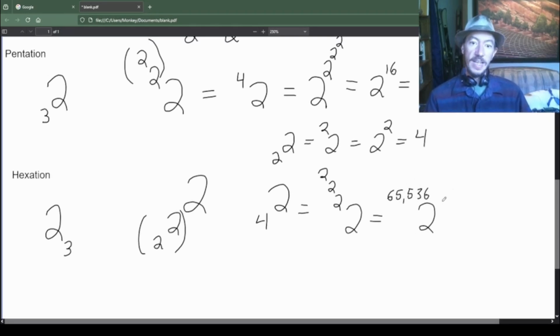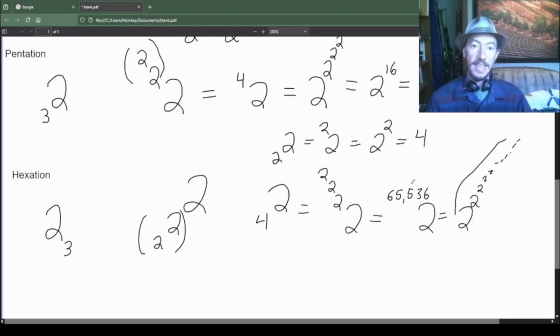Remember, this number tells us how many 2's are in our exponent tower. So what this all means is 2 to the 2 to the 2 to the 2 to the 2 to the 2 to the 2 to the 2. And how many of those are there? This tower is 65,536 2's tall. And now this is a number too big to even write down. It is no longer possible.